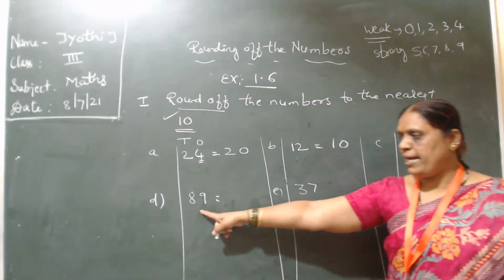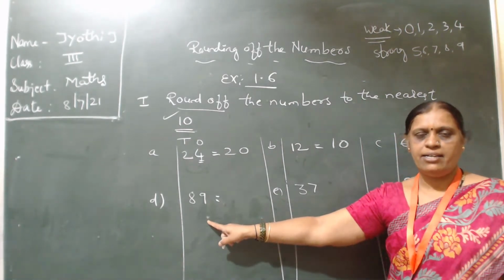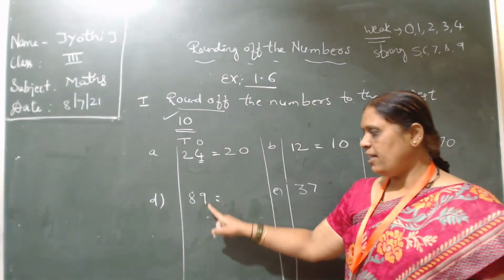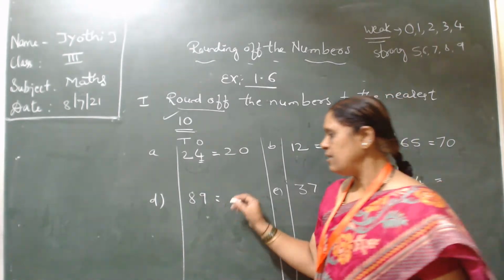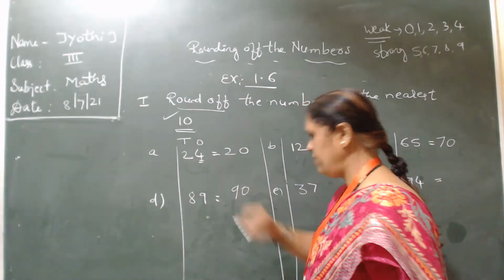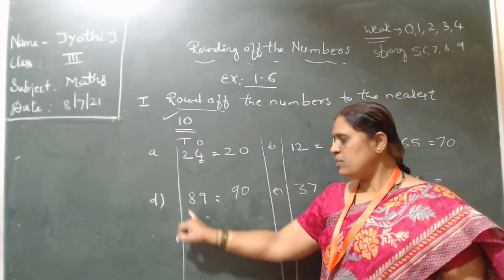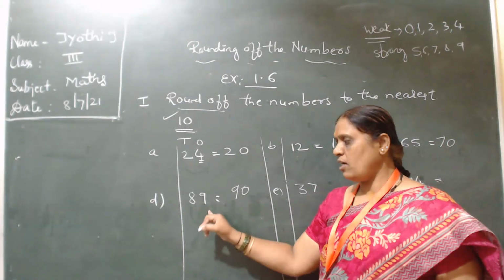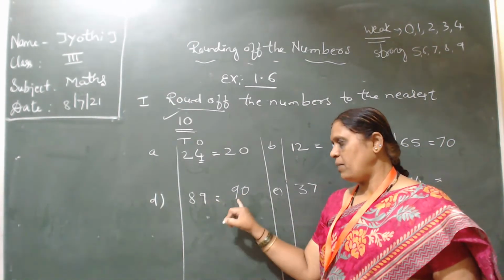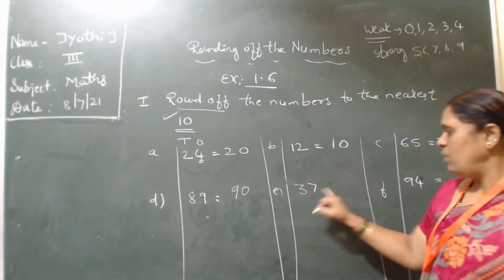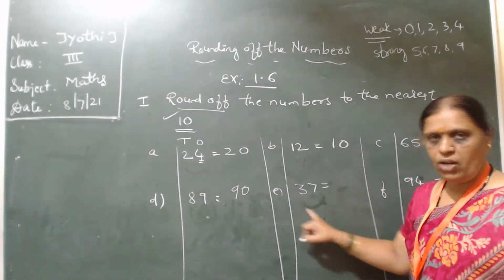Now see this 89. What we should write? 80 or 90? It is 90 because 9 is more than 5. It is a strong number. It pushes 8 into 9. So 89 will become 90. Now 37. 37 comes to 30 or 40.